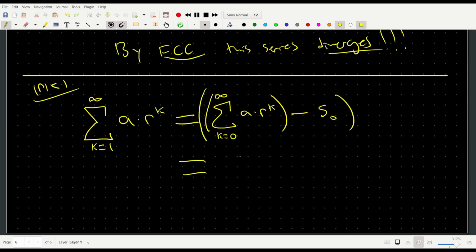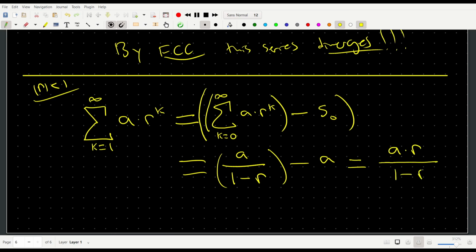So this value is going to be a over 1 minus r minus a times r to the 0, which is just a. And if we bring this to common denominator, this ends up becoming a times r over 1 minus r.